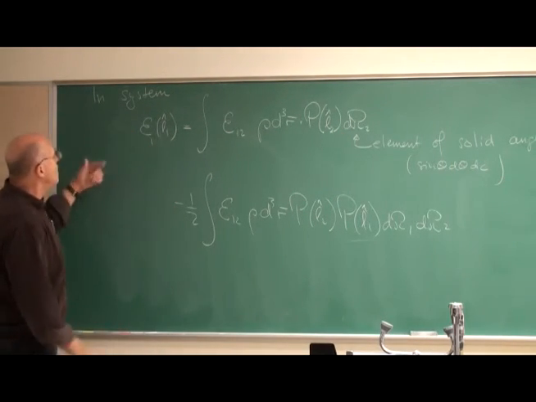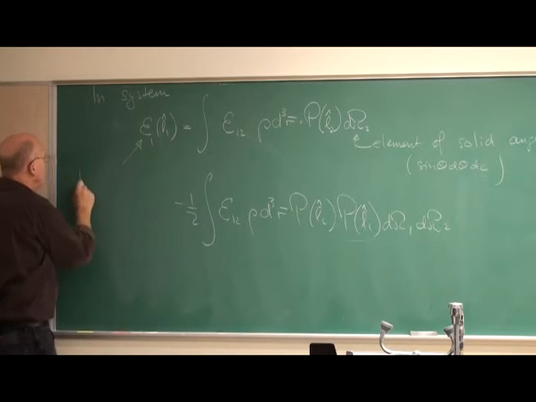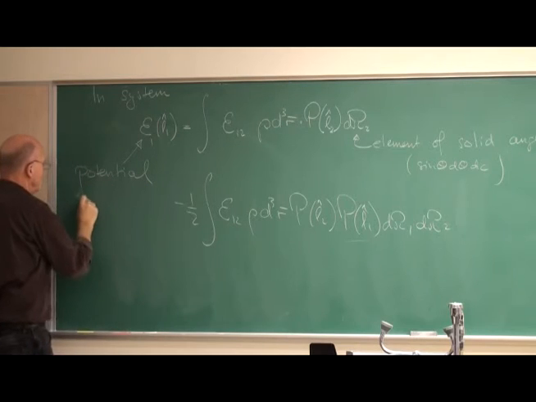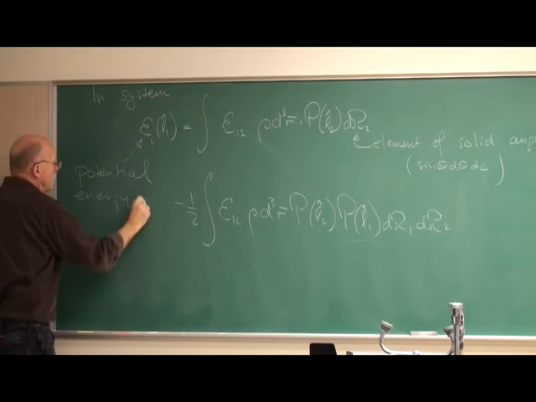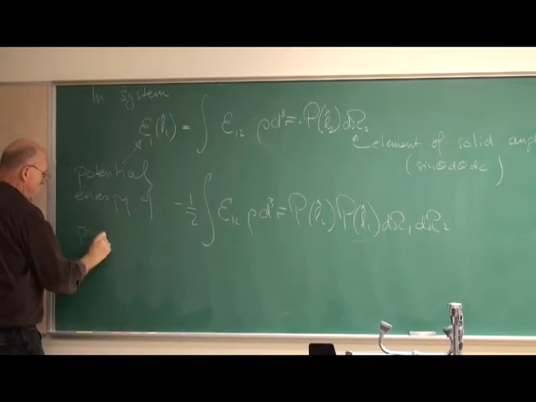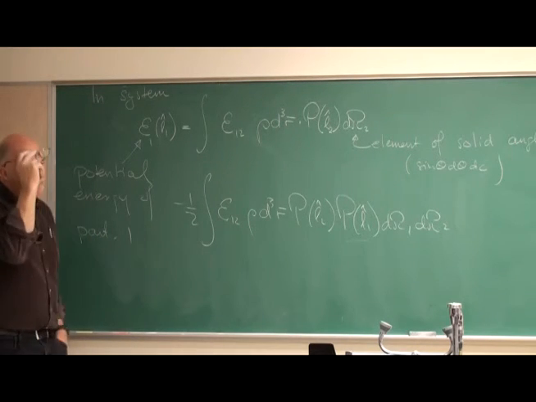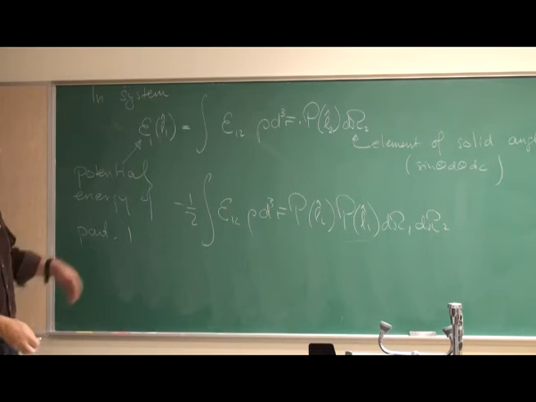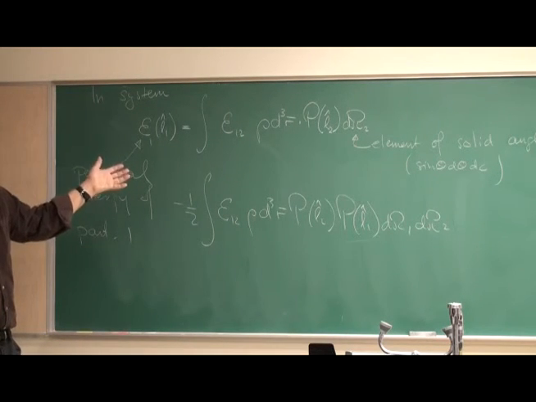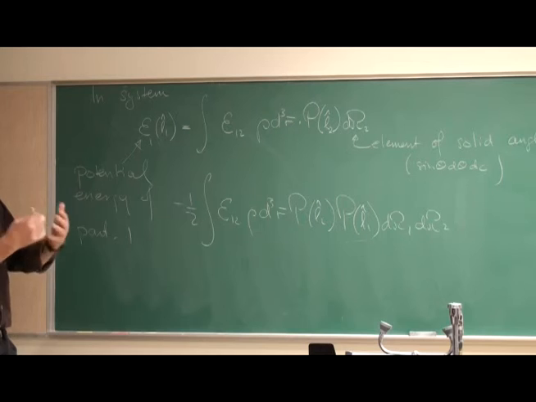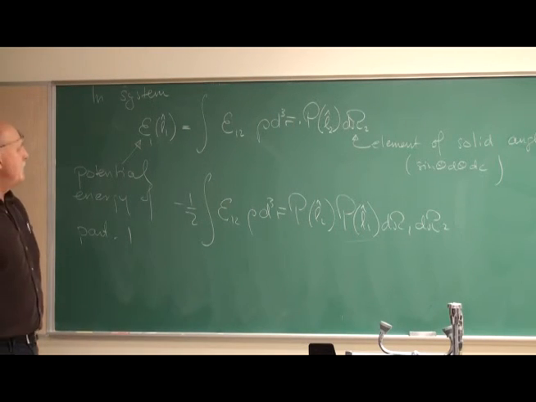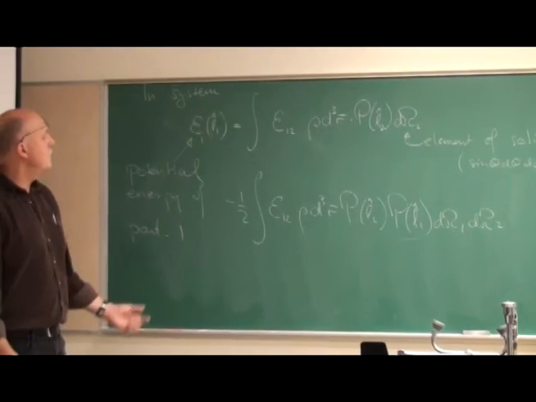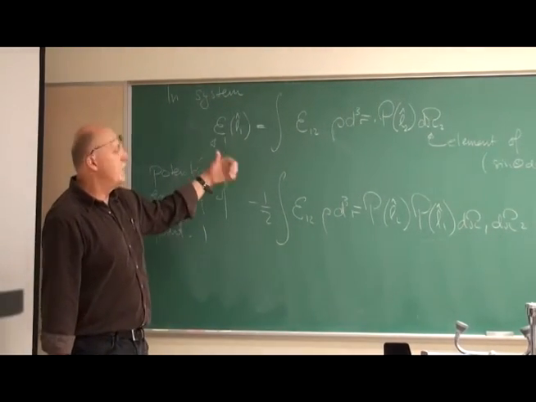Okay, and this gives us the potential energy of particle 1. And of course, every other rod in the system will see the same thing. So if we get this, then we can just proceed in the usual way and get the free energy. So we'll stop here, and what we'll do next time is just evaluate this integral.